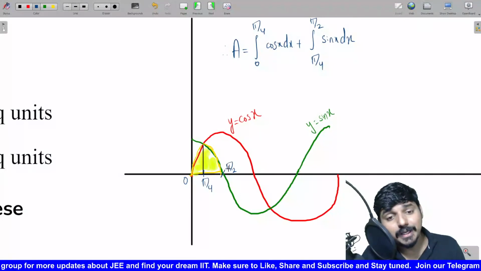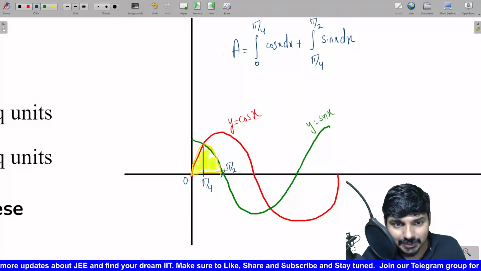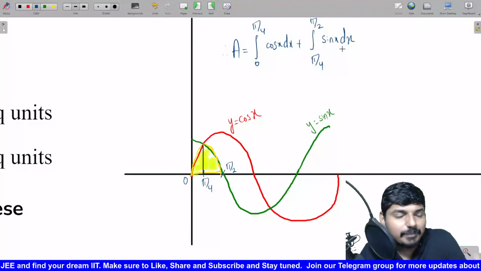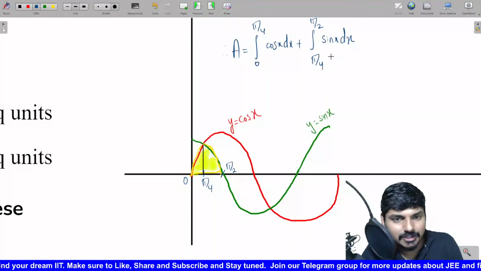Between pi by 4 to pi by 2, only sin x is involved, so sin x into dx. You can clearly see between 0 to pi by 4 only the red curve is involved, so cos x dx, and between pi by 4 to pi by 2 only the green one is involved, so sin x dx. In this way, we can find the area of this region.